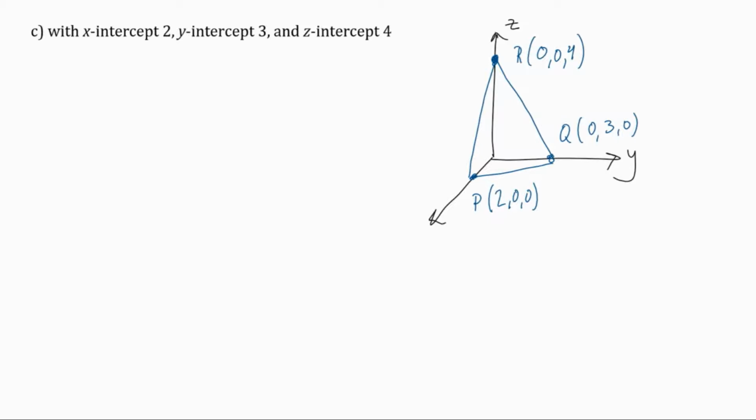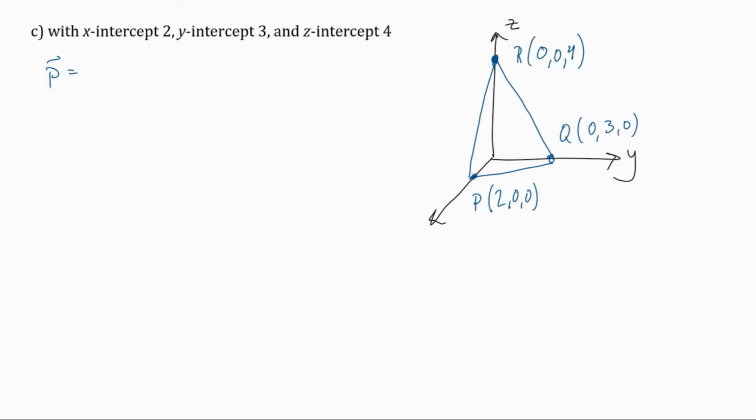Okay, how do we come up with the equation of a plane? Well, we need 3 points. We have that. But the actual vector equation of a plane requires a position vector to a point in the plane. So we can pick any point we want, and then 2 direction vectors. When you're presented with a question like this, it's going to be something that you know how to do.